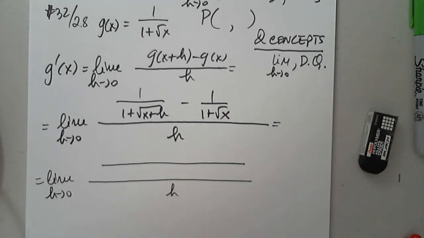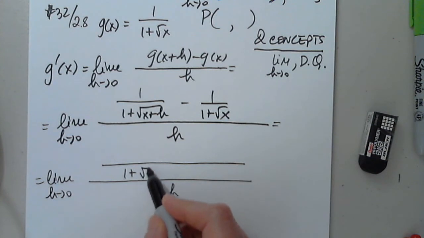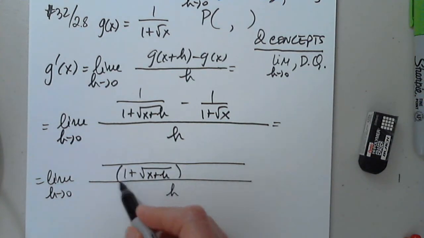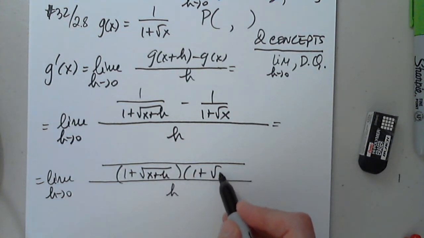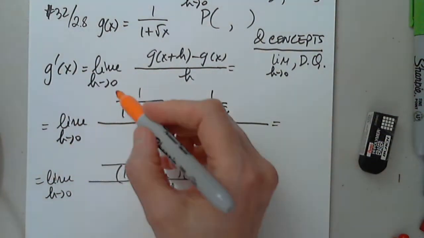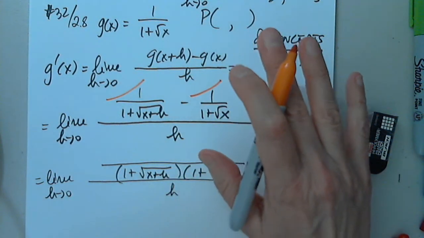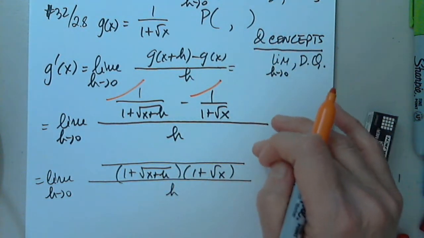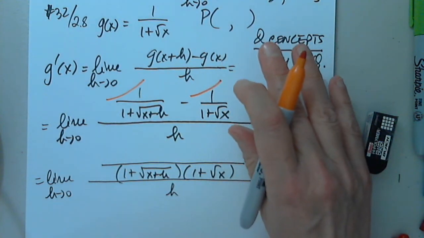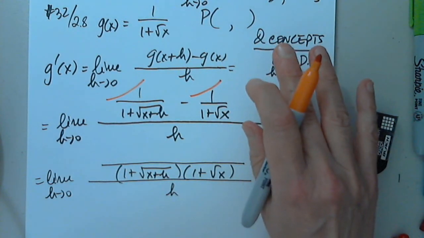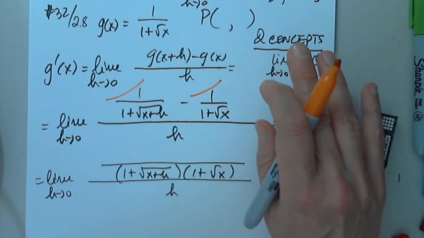1 plus the square root of x plus h, times 1 plus the square root of x. Of course, because they have nothing in common. Now, of course, remember the adjustments. I know many of you were taught to multiply both top and bottom. I'm fine with that. The method is fine, but it can get hairy at some point in time.